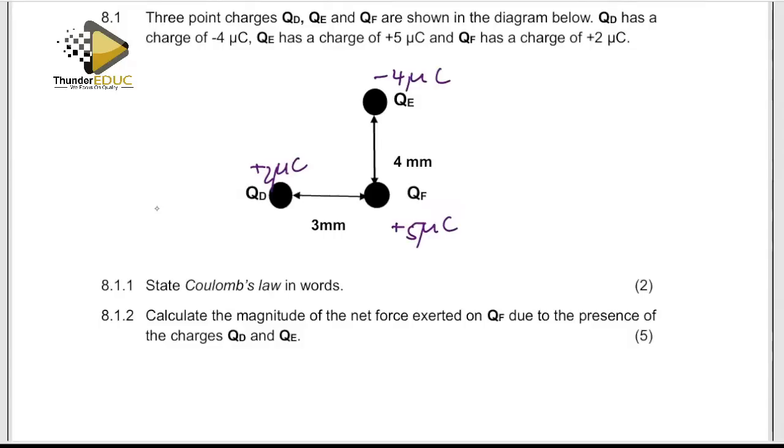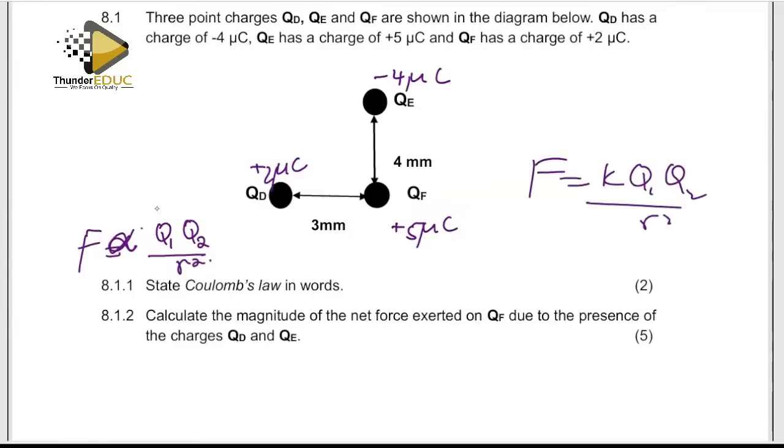So we know that the magnitude of electrostatic force exerted by one point charge Q on another is directly proportional to the product of the magnitude of the charges and inversely proportional to the square of the distance between them. So it's basically that formula, Q1 Q2 over R squared.